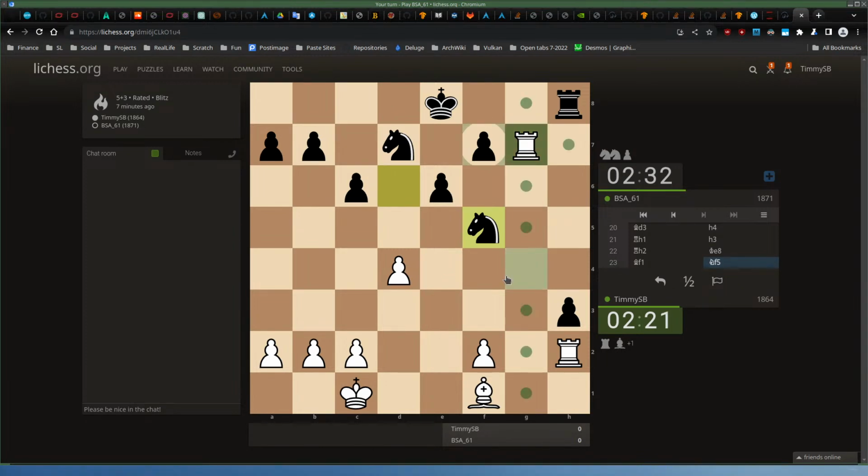Okay. Now I have to defend that pawn. Still threat to take here though. And then he comes with that one. But it's pretty lame of this guy. Supposed to go all the way back? No. If I do this, he might go here. Then I just take the pawn.